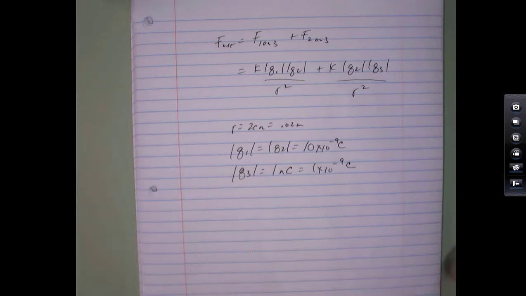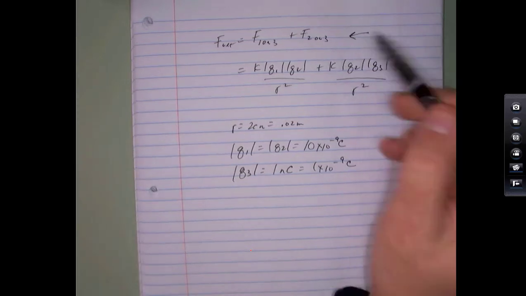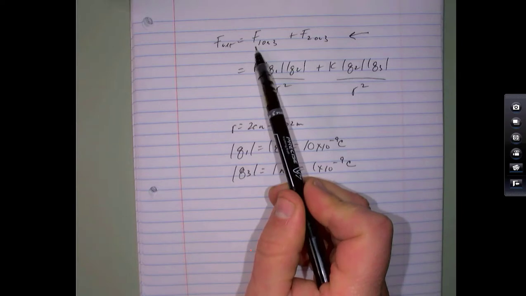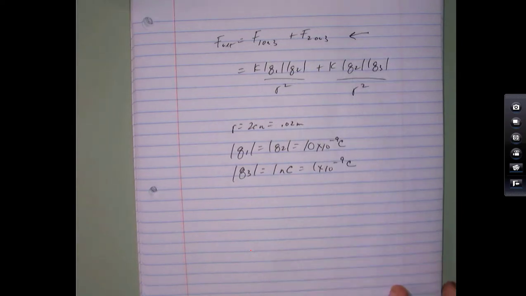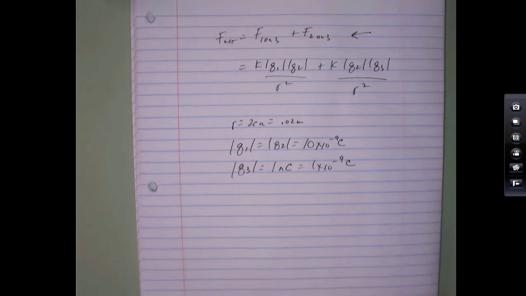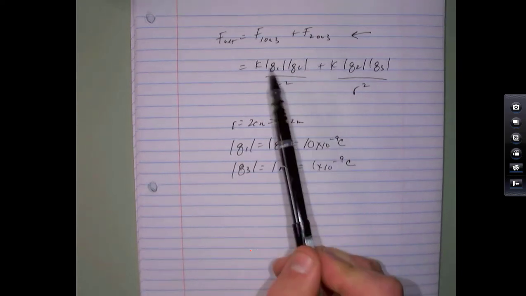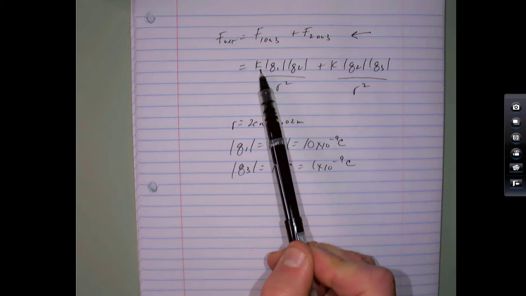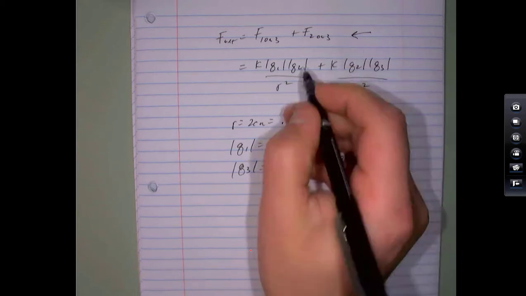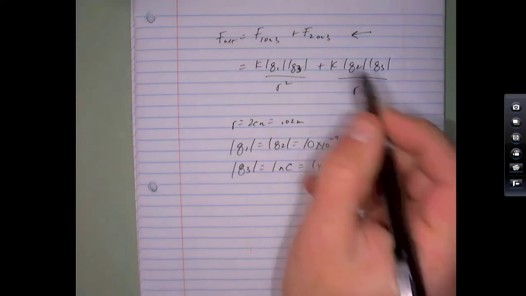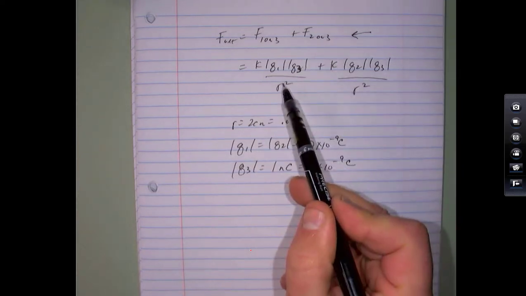Okay, so here I've written this in equation form. This is force from 1 on 3. This is force from 2 on 3. Now, this is the first time we're doing an equation, putting numbers in this semester, so it's kind of exciting. Here it's from Coulomb's force law: k, magnitude of Q1, magnitude of Q3, divided by the distance between them squared.